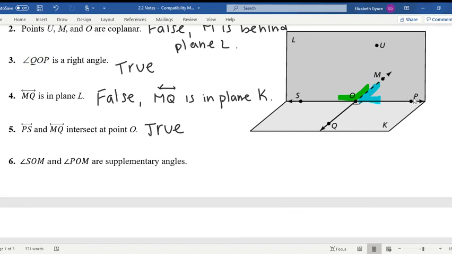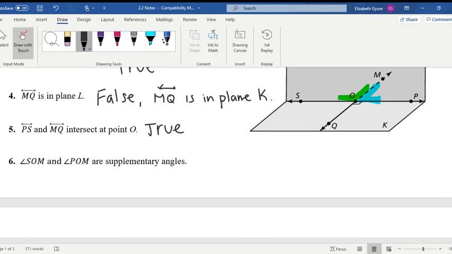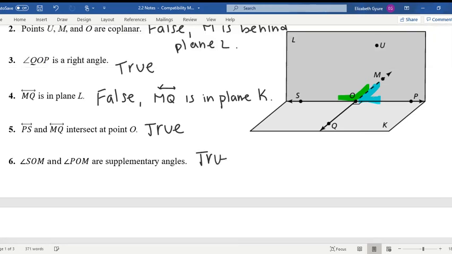And this is actually forming a straight angle here. Angle SOP is a straight angle, which means that the sum of angle SOM and angle MOP would have to equal 180. So this is absolutely true. Then in the next video, we're going to take a look at our properties of equality.